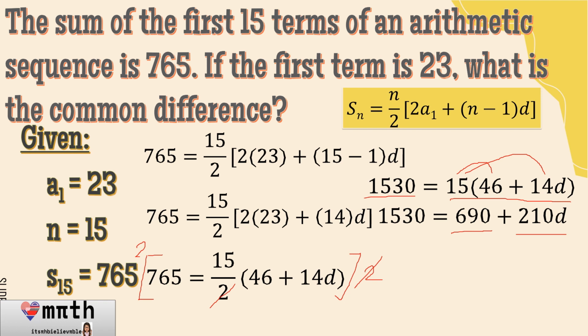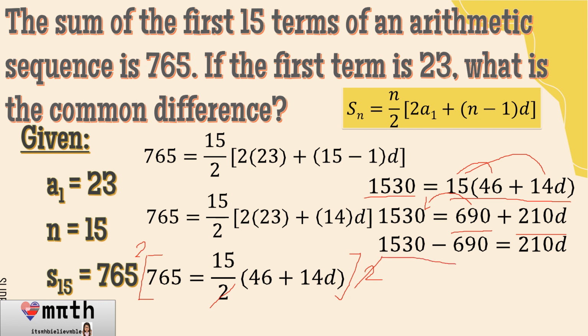Then, for us to get the value of d, let us transpose 690 to the other side. Since this is positive, that will be 1,530 minus 690 equal to 210d.